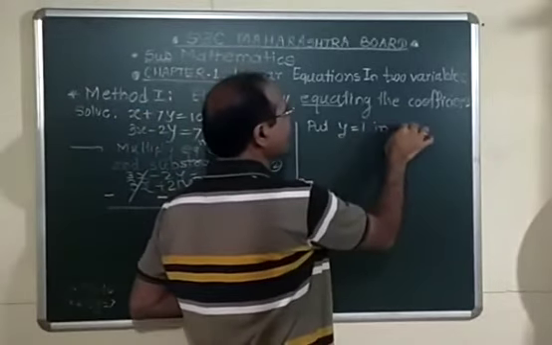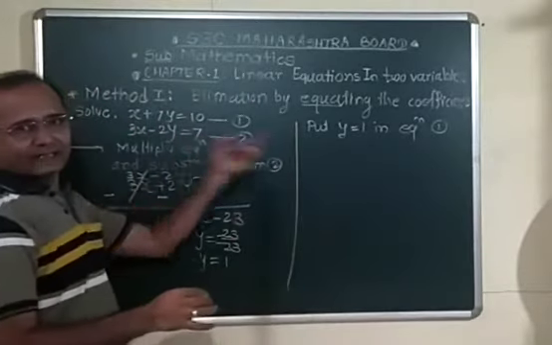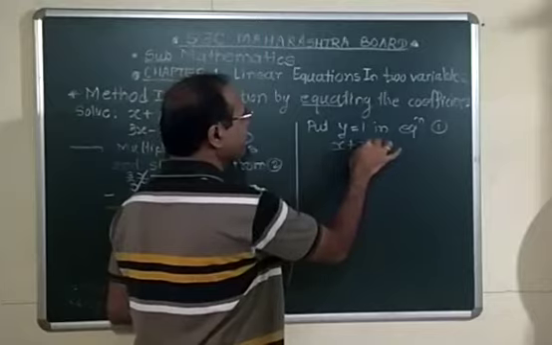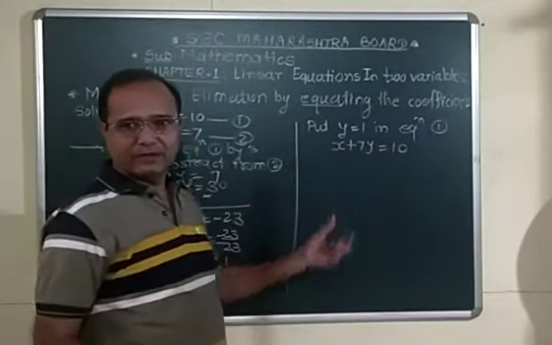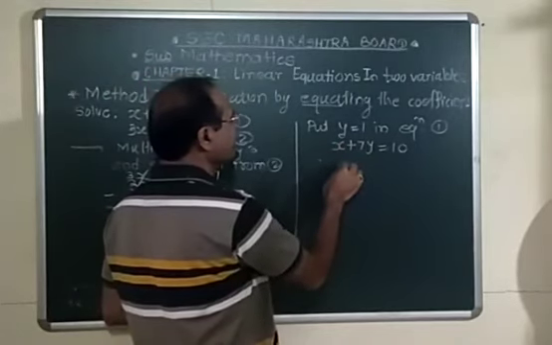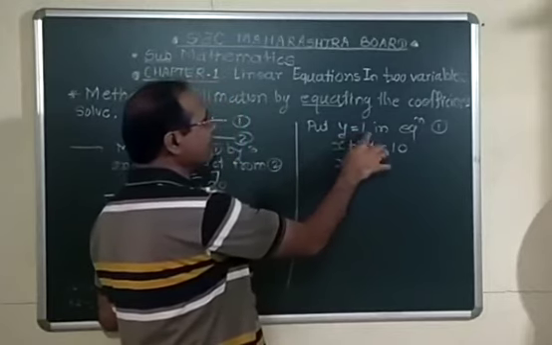In equation 1, I am going to write down x plus 7y equal to 10. You have to put y equal to 1 in this equation. So x as it is, plus 7 as it is. What is y? y is 1.